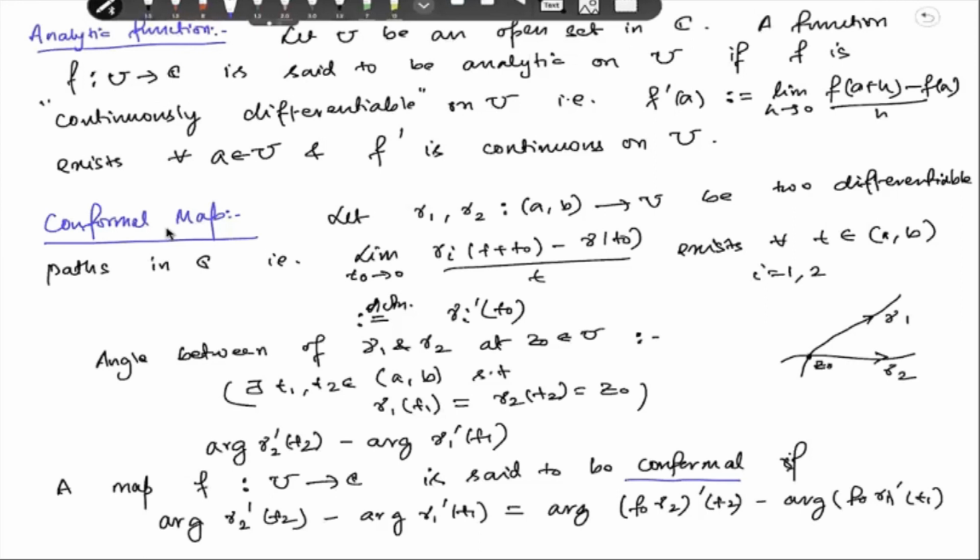And this is true if it holds for all differentiable paths gamma 1 and gamma 2 on U. So let me draw this diagram.